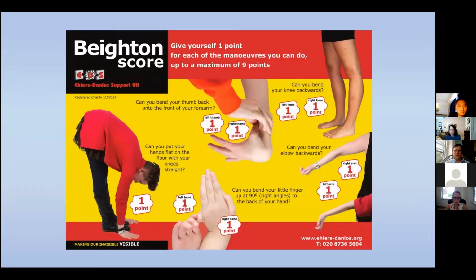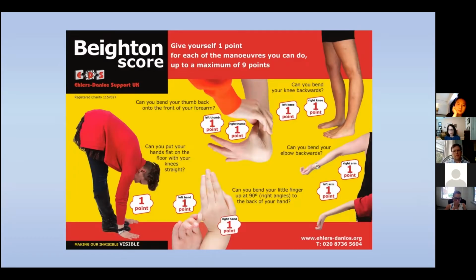We use the Beighton score to define generalized joint hypermobility, and I'm sure all of you are familiar with this scoring system. It's a 9-point scale that looks at the elbows and knees and the ability of the person to touch their thumb to the forearm and to bend the fifth finger back more than 90 degrees at the metacarpophalangeal joint.